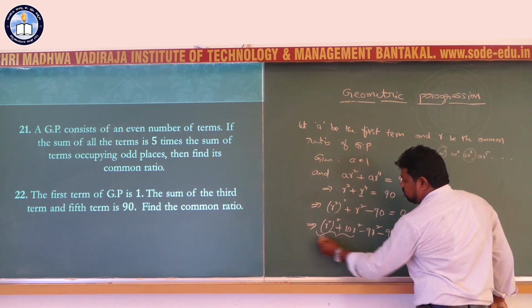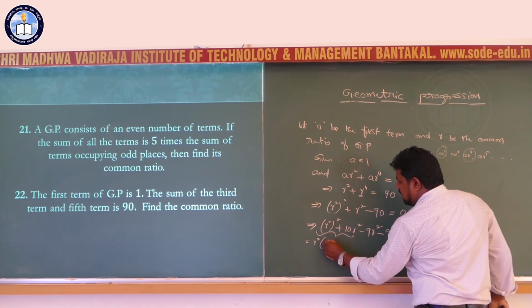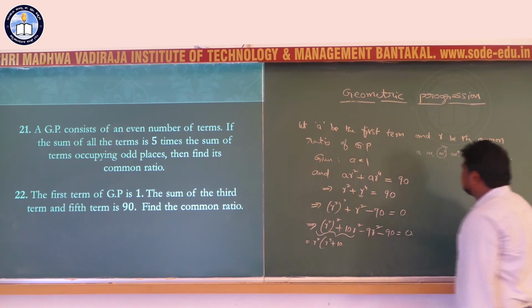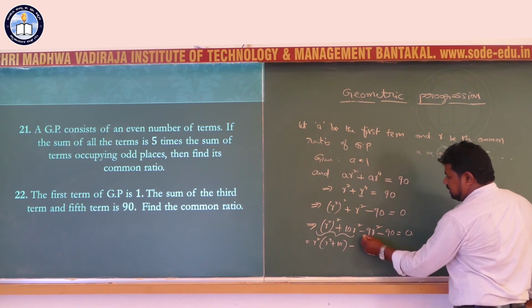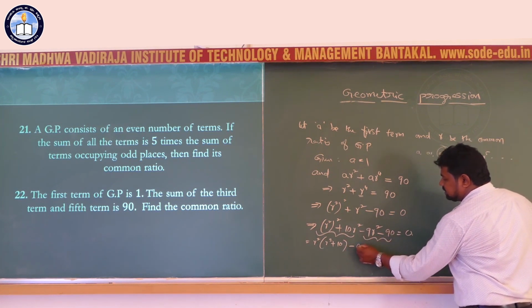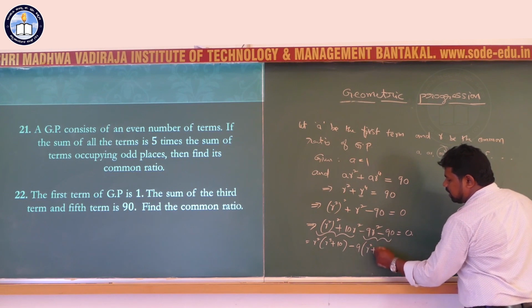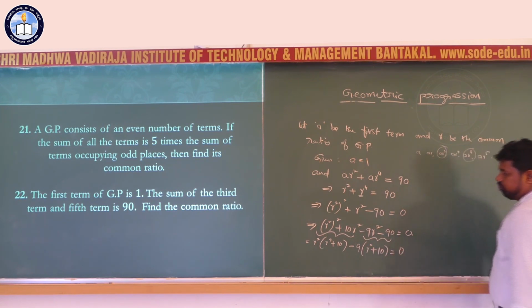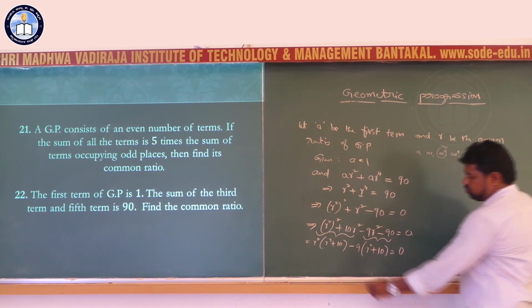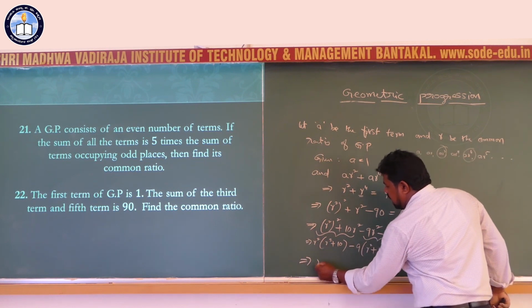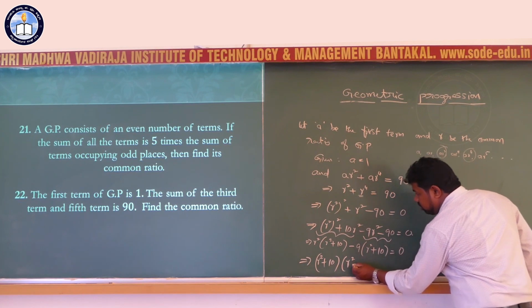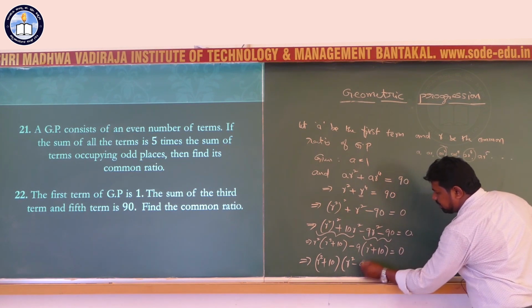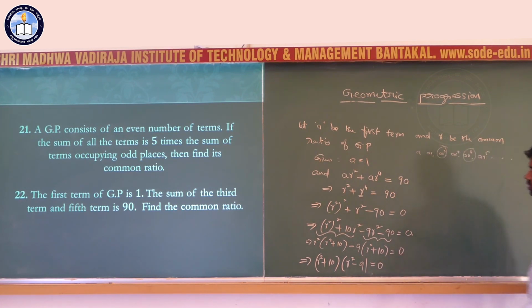In these two, r square common, r square plus 10. In these two, minus 9 is common, r square plus 10 equal to 0. In these two, r square plus 10 is common into r square minus 9 equal to 0.